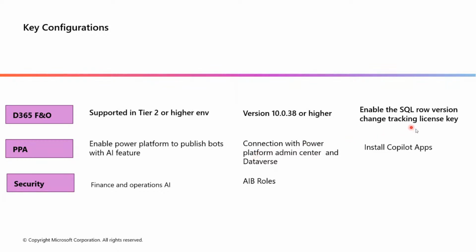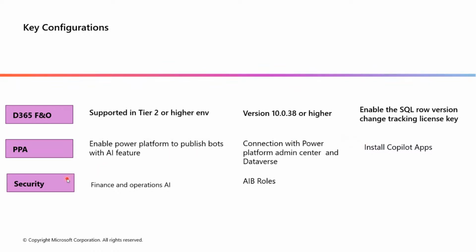And then you need to enable the required Copilot app which you want to use. So in the previous slide, we talked about Copilot for supply chain and finance. So all these applications under the Dynamics app you can enable. I'm going to show you this in the demo as well.